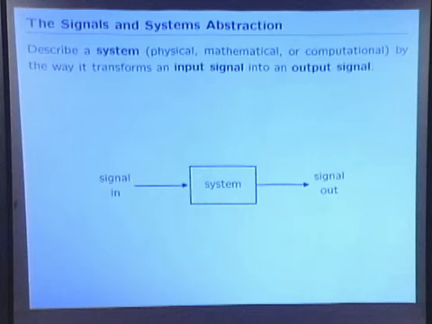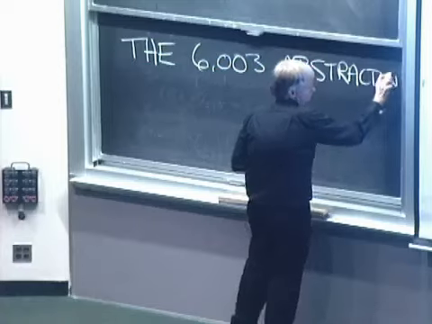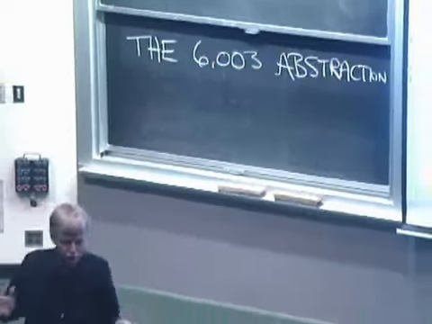It's so powerful that that's really the thing that we will focus on in this class. So it's the thing that I will call the 6.003 abstraction. That's going to be the theme in everything we do, that representation.